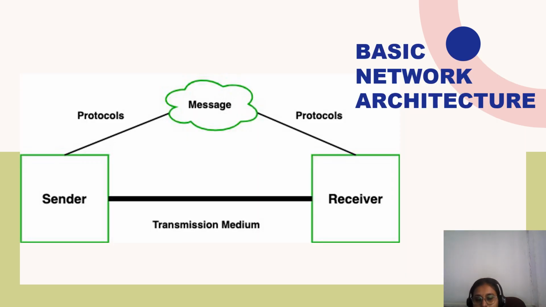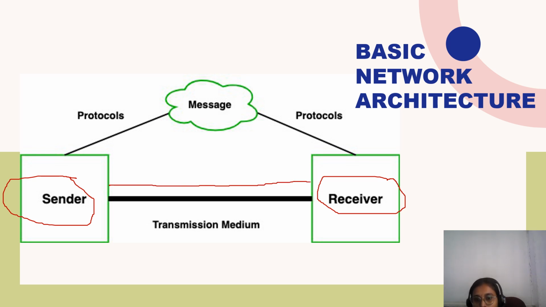So, basic network architecture. We all know that we have a sender side and a receiver side. Here we need to discuss how the sender is able to transmit the data from one location to another, or from the sender side to the receiver side.